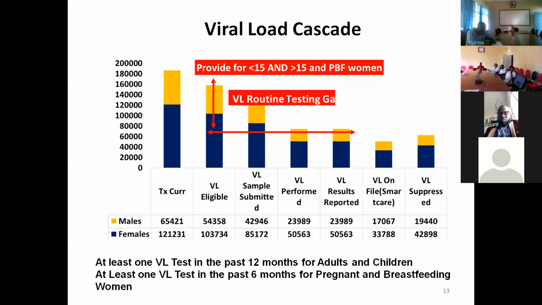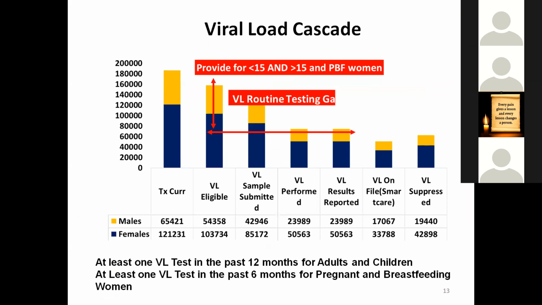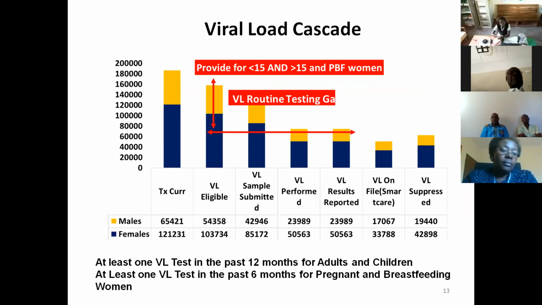Another concept that we would like those who work on HIV, and those who are directly or indirectly involved in implementing activities for routine viral load testing, especially at the site level, to know is the viral load cascade.